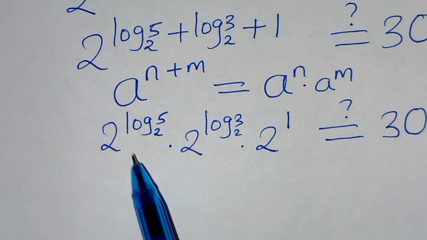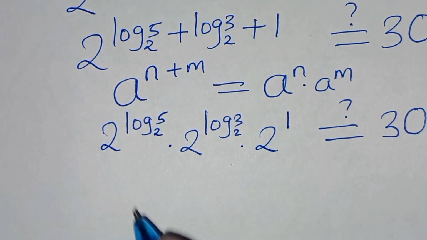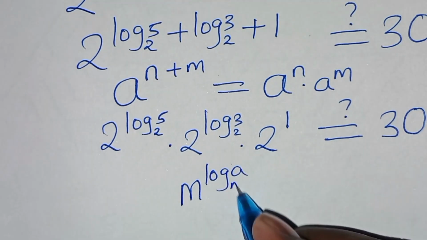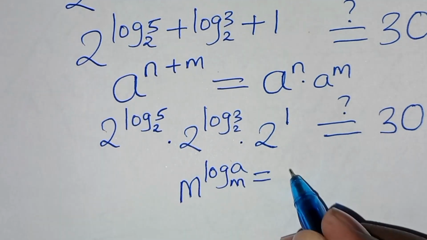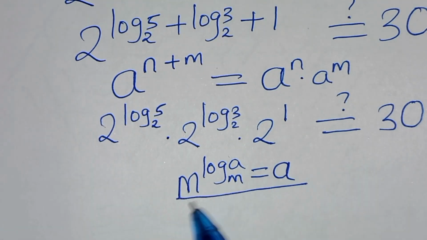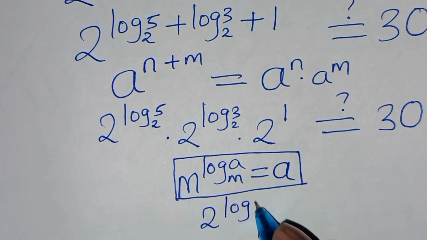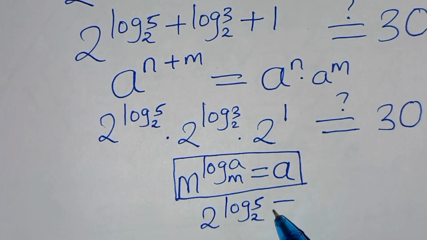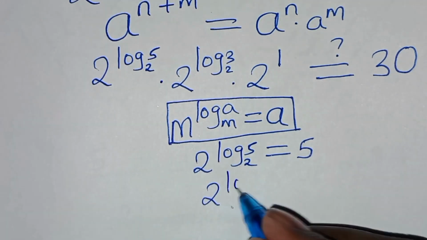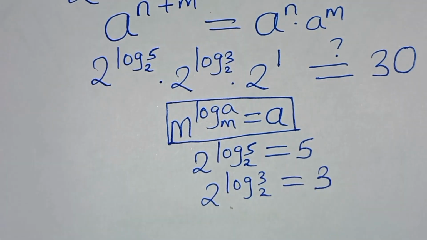Now, we have 2 to power log 5 to base 2 and 2 to power log 3 to base 2. This is in the form of m to power log a to base m, and this essentially is supposed to give us a value of a. Applying this logarithm property, then 2 to power log 5 to base 2, this will give us a value of 5, and 2 to power log 3 to base 2, this will give us a value of 3.